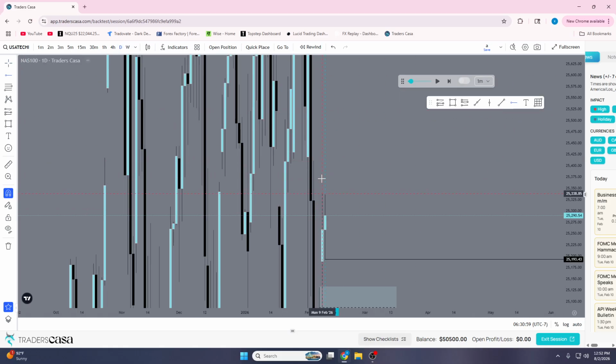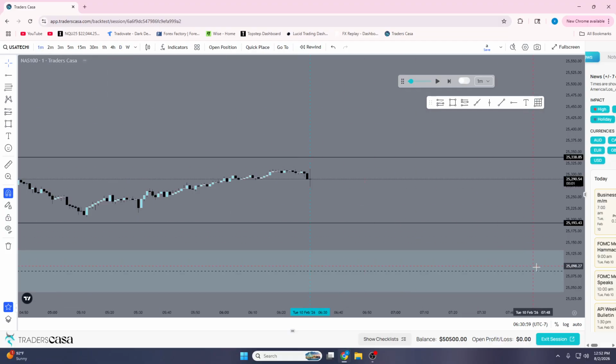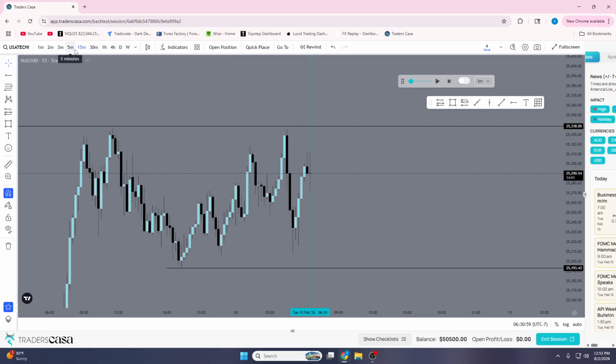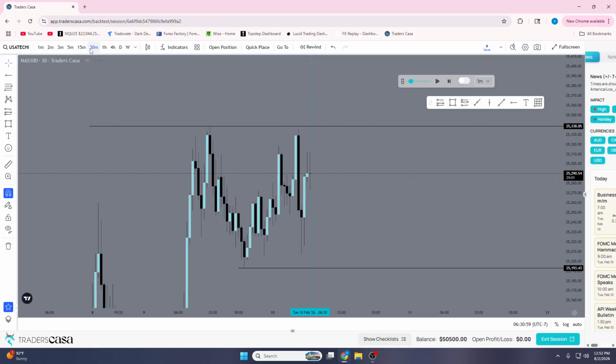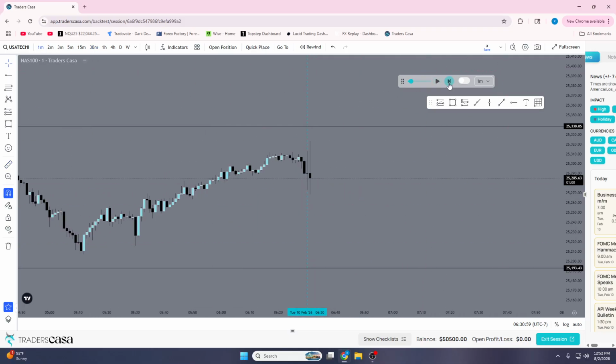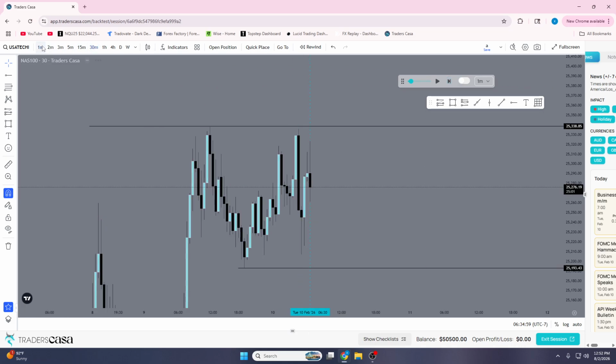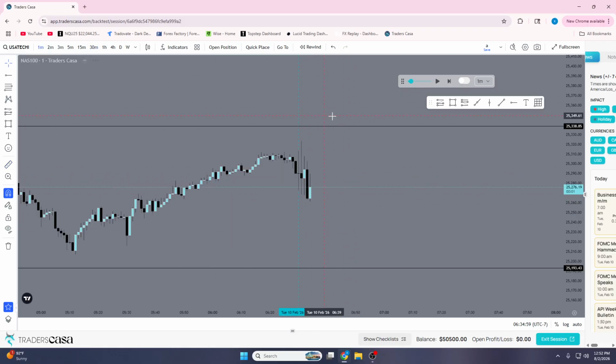We have previous day high right here. Got edged, so let's see what happens here. So we actually immediately swept this. I'd be kind of surprised if this gap right here doesn't hold.